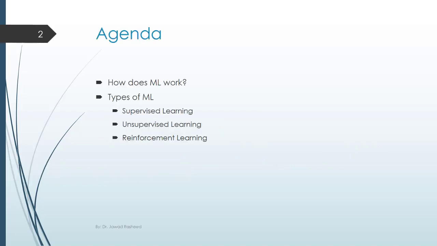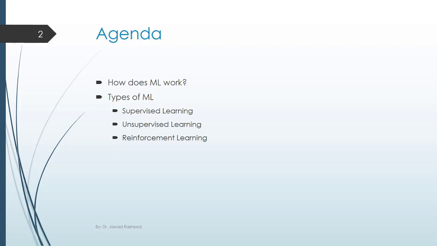So today's agenda is how does machine learning work. What are the types of machine learning? In these types, we will talk about supervised machine learning, unsupervised learning, reinforcement learning.